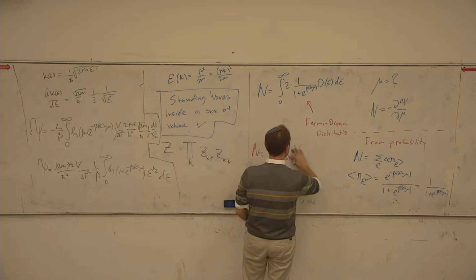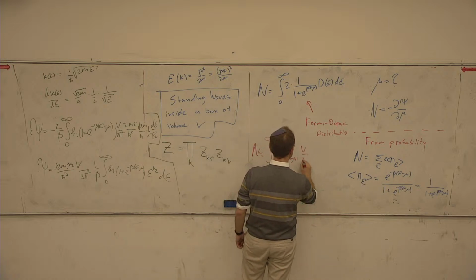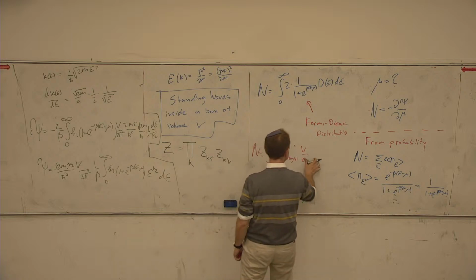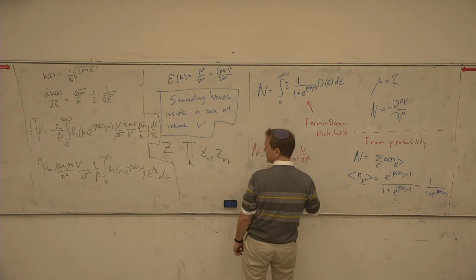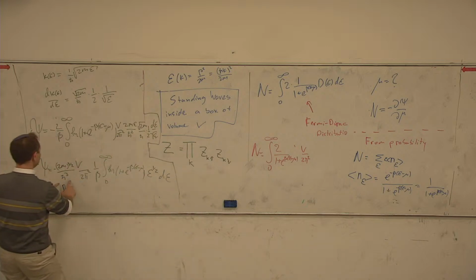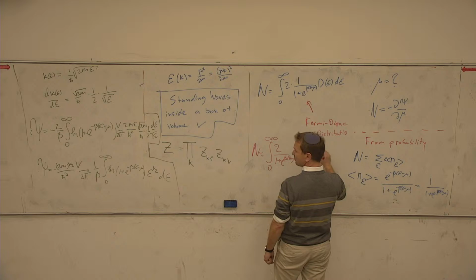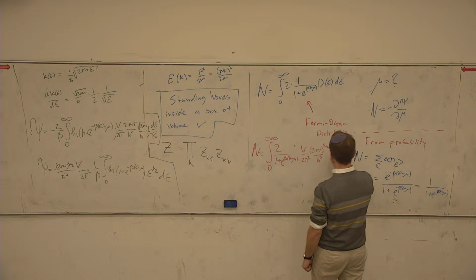So it is v over 2 pi squared. We have this prefactor, 2m to the power 3 halves divided by h bar to the power 3, epsilon to the power 1 half, d epsilon.